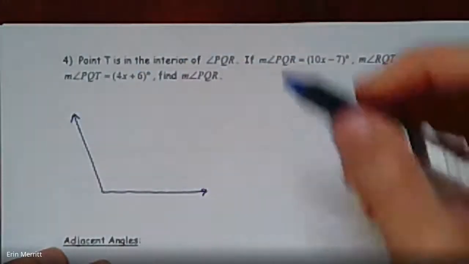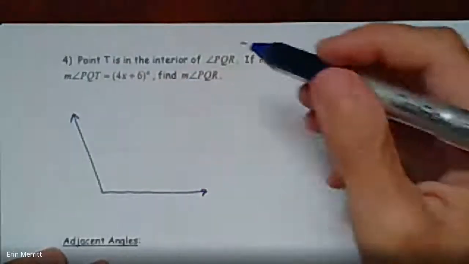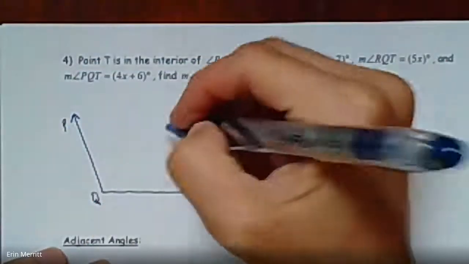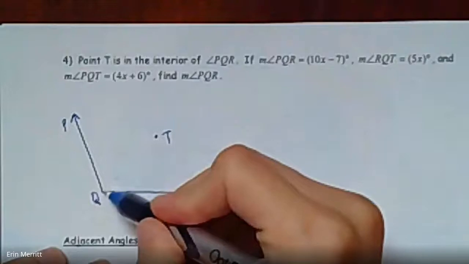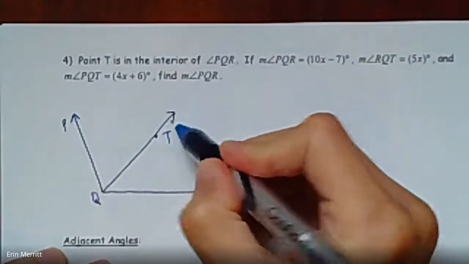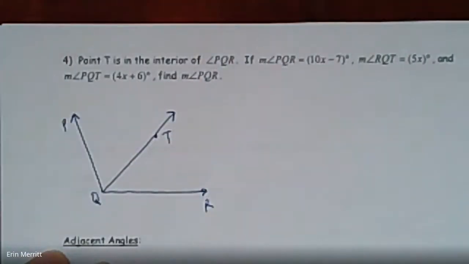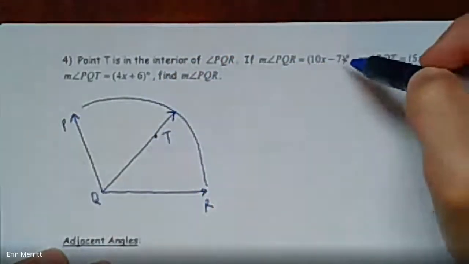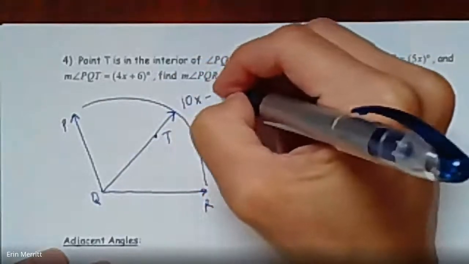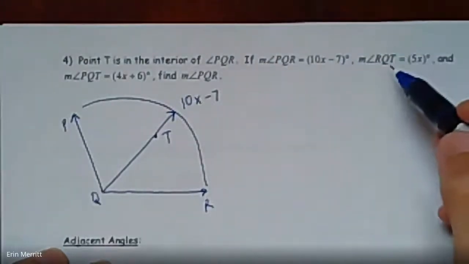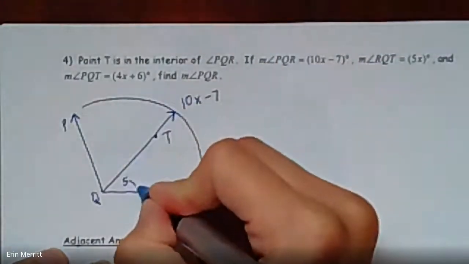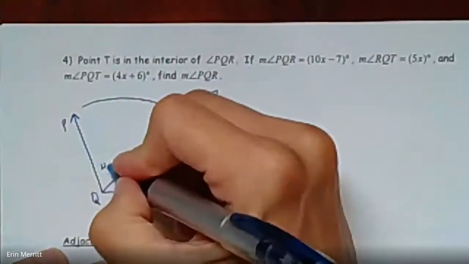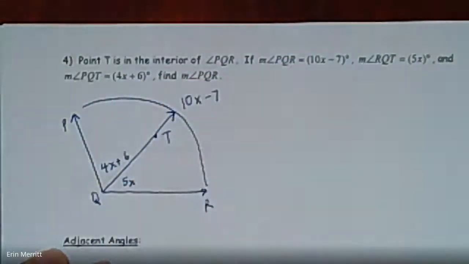And then it says, let's see, point T is in the interior of PQR. So I'm going to make this PQR, and I'll put point T here. And let's extend. All right, let's get to the labeling step. PQR, so the whole thing, 10x minus 7. RQT is 5x. And then PQT is 4x plus 6. Right.